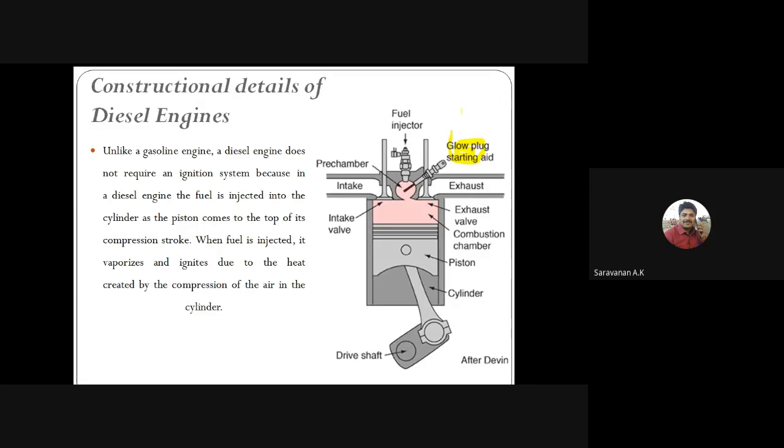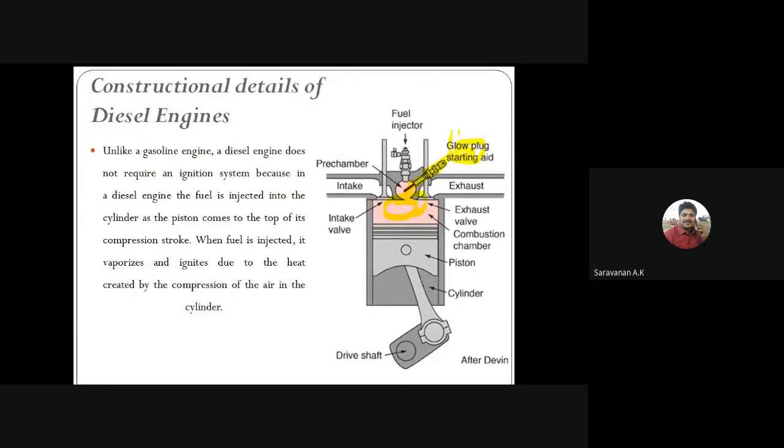The fuel injector supplies the fuel directly to the pre-chamber and the combustion chamber. Without this aid, that type of system is called solid injection.